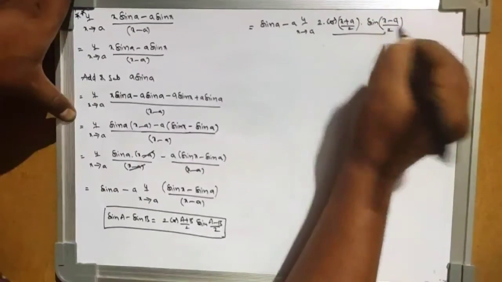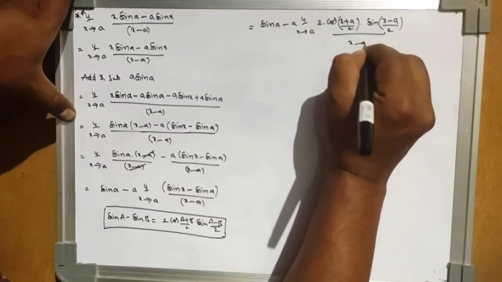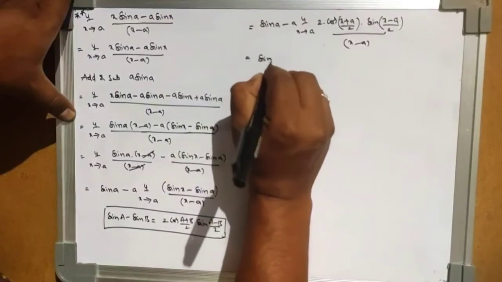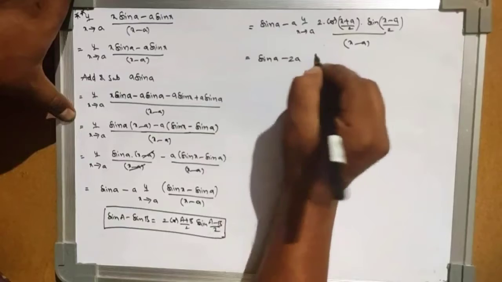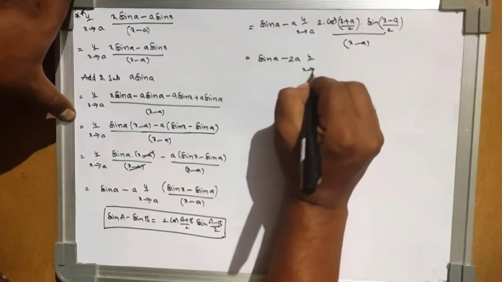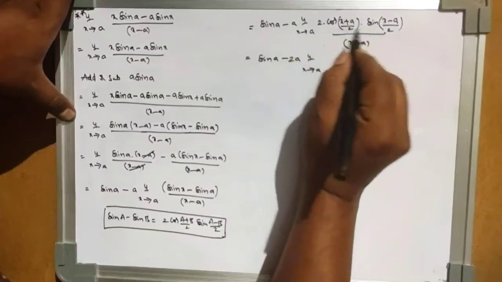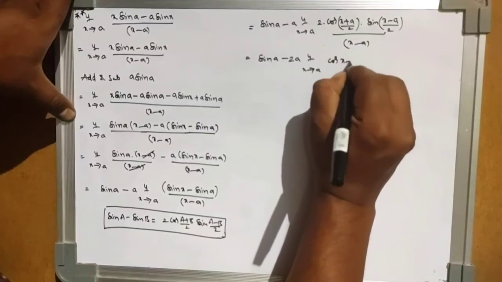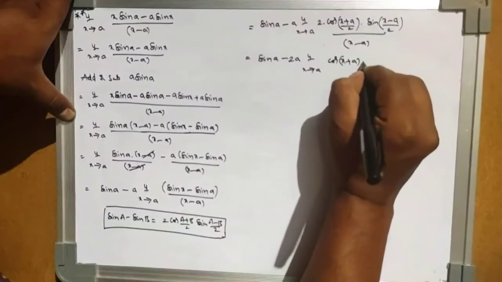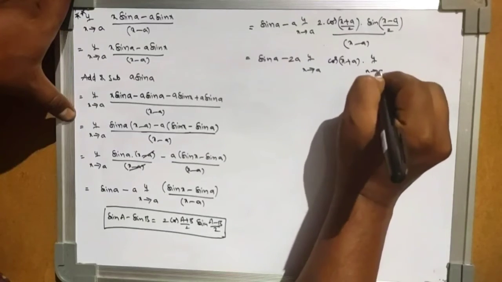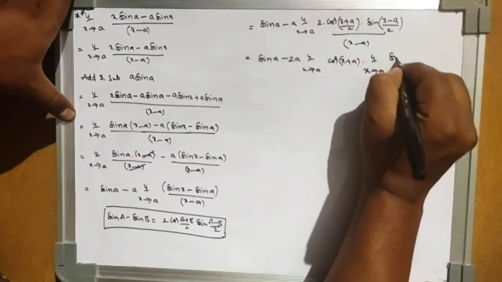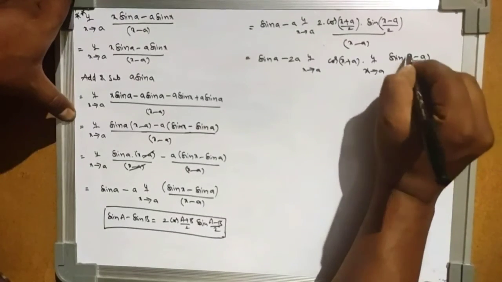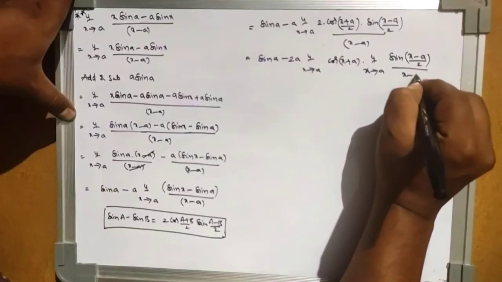and then by x minus a. So 2 is a constant, take it outside, it becomes sin a minus 2a into limit x tending to a. We can write the limits for both terms, the cos term and the sin term: cos((x plus a) by 2) into limit x tending to a of sin((x minus a) by 2) by (x minus a).